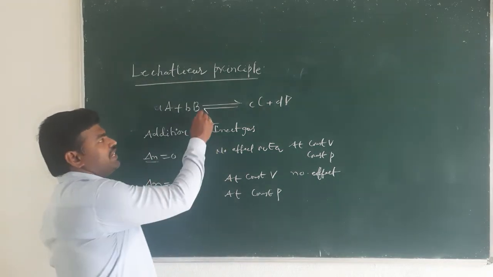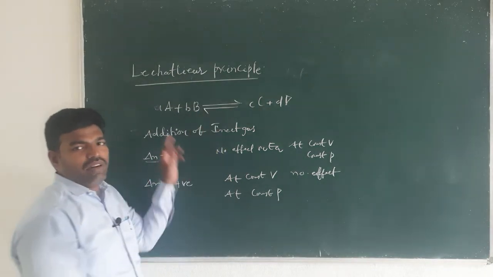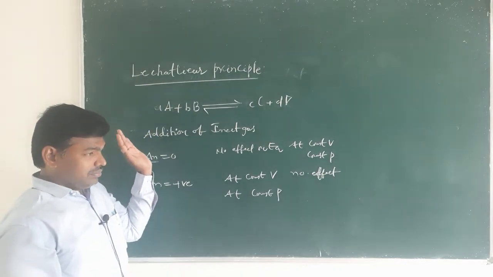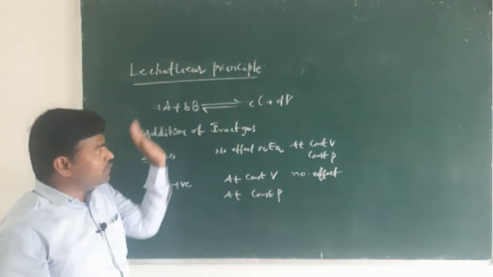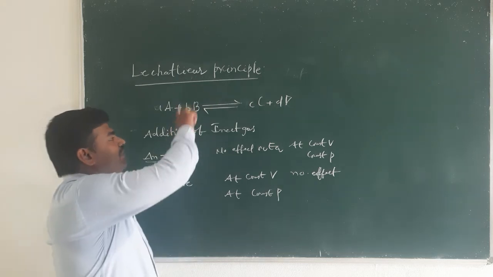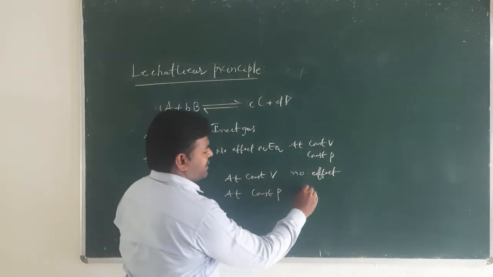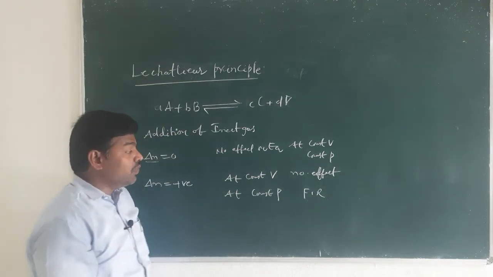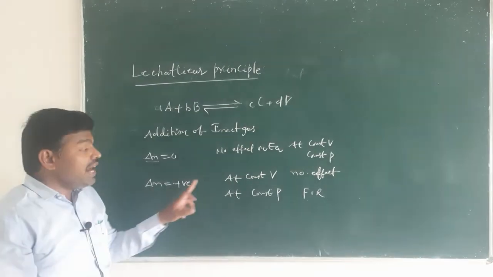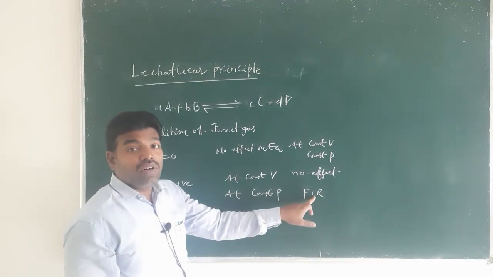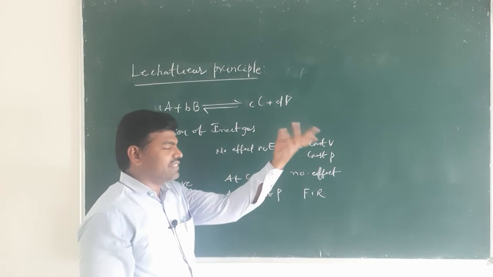A reversible reaction takes place in two directions, left to right and right to left. So equilibrium shifts from left to right, that is the forward reaction, only if delta n is positive and at constant pressure.